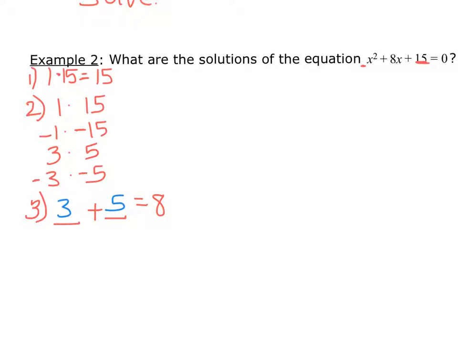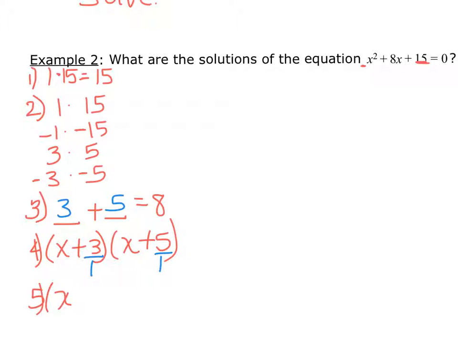So then step 4, I'm going to write x plus 3, x plus 5, and then we have to divide by A, right? But dividing by 1, Marcus, is that going to change anything? No. So I have x plus 3, x plus 5.